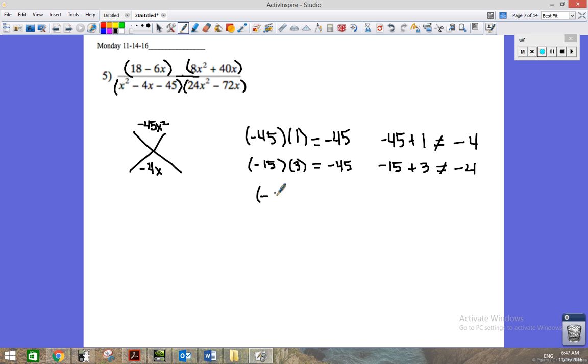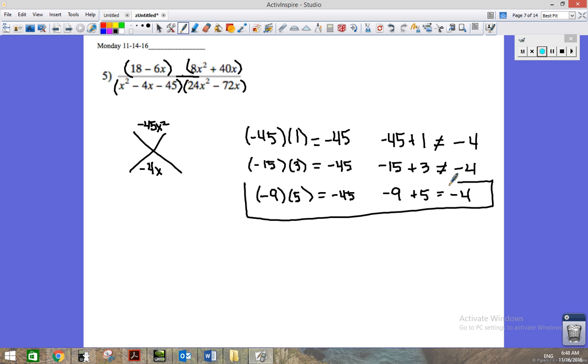So I try another combination. Maybe I try negative 9 and 5. That's negative 45. And a negative 9 plus 5 is a negative 4. So I have found it. This is the right combination with multiplication and addition that completes my x. So I come in and say that I can write negative 9x and positive 5x.